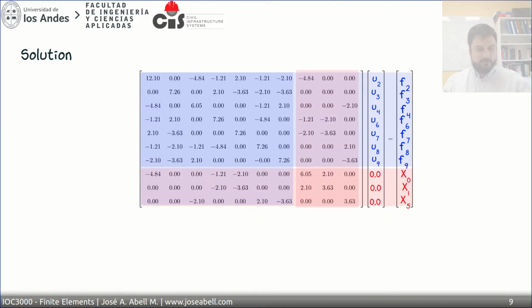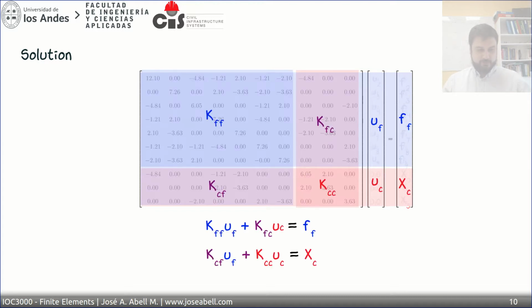So basically we have a sector of the matrix which corresponds solely to the unknown degrees of freedom, a mixed or coupling sector, and then another block which corresponds to the known degrees of freedom. We have a subset of the global degree of freedom vector which is free degrees of freedom, and another one which are constrained degrees of freedom, that is, those are known.